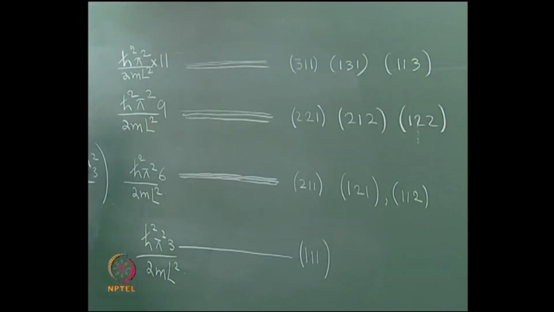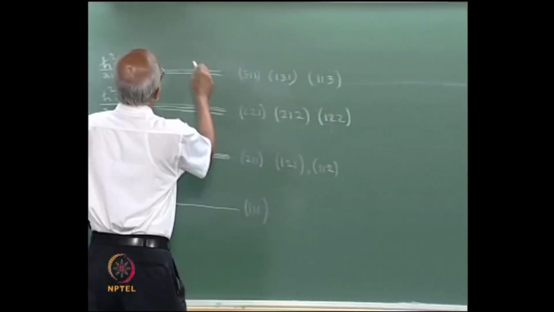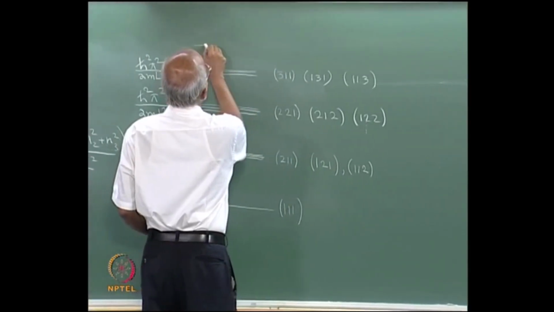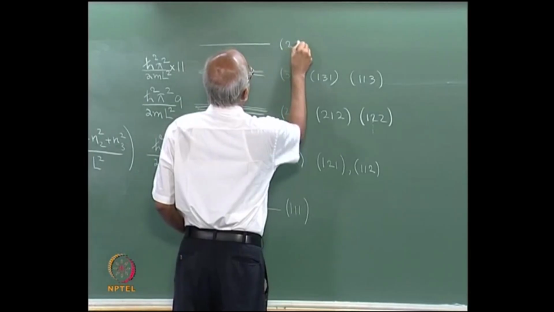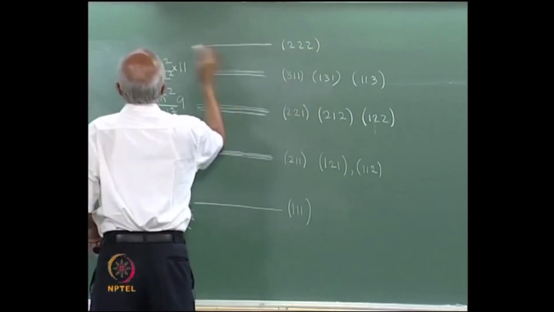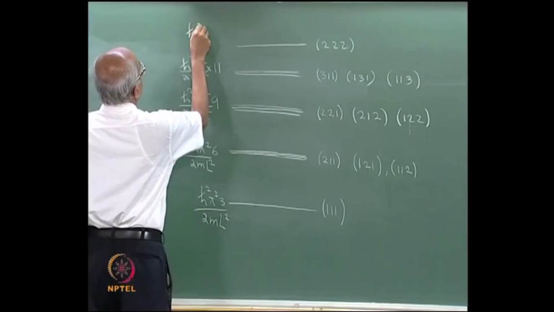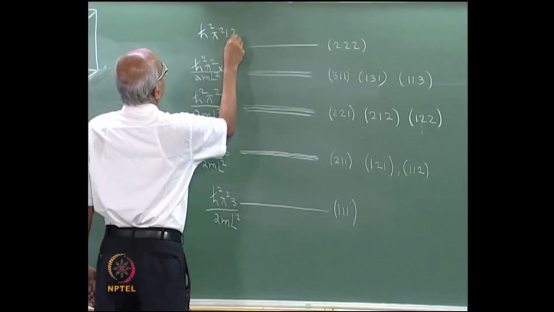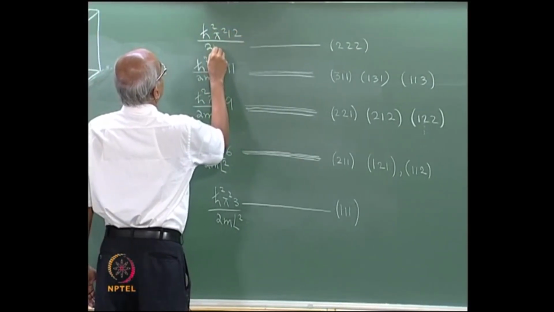And interestingly, the next possible allowed energy level is non-degenerate. It is obtained by putting 2, 2, 2, and the energy will be h cross square pi square into 12 divided by 2m L square.